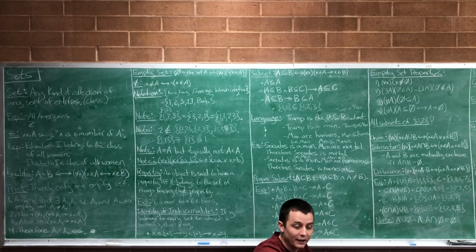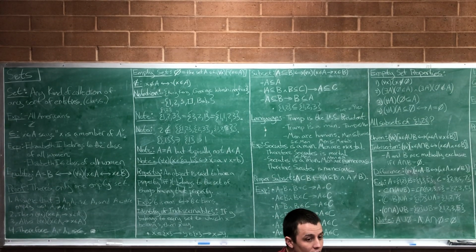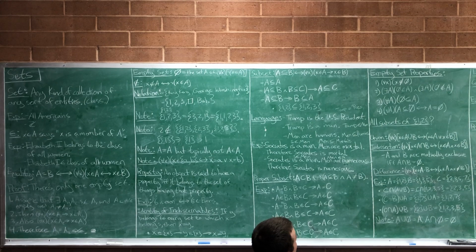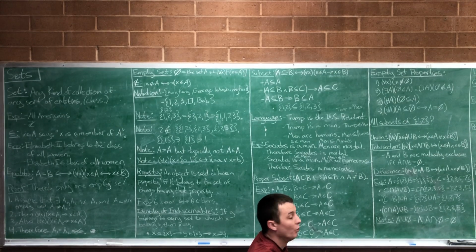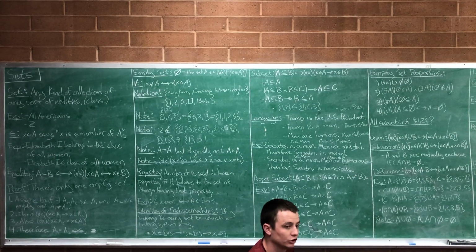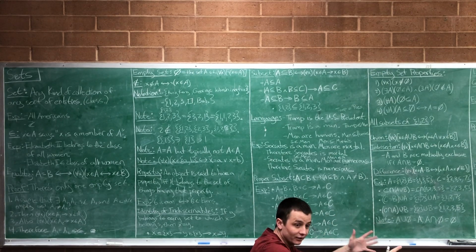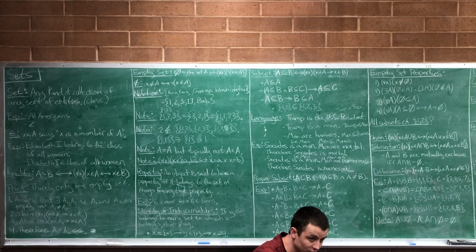You're talking about the set of all men. It's true that men are mortal. You're talking about the set of all men being mortal, therefore men. No, when I say men are mortal, I'm not saying the set of men is mortal.